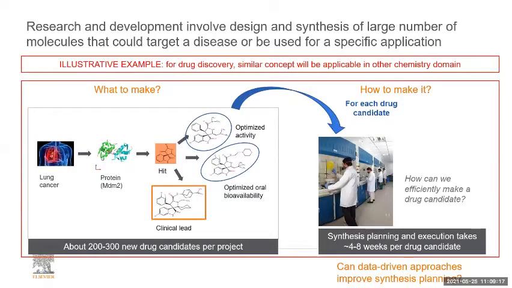So, chemistry research, as you can see on this slide, is very much about designing and synthesizing new compounds which have certain desired features. And the range of this is definitely immense. Well, to whom do I say that?